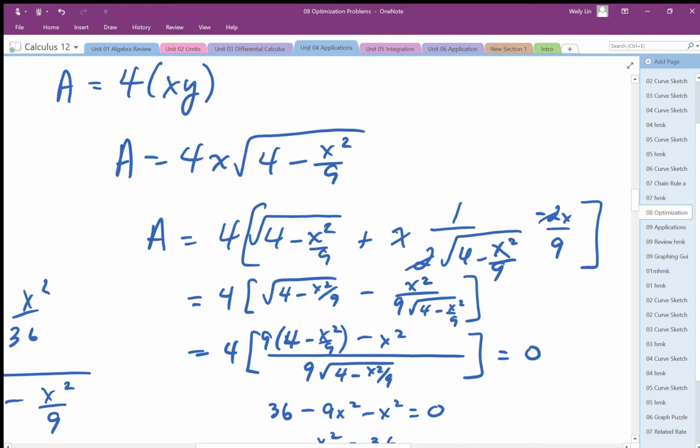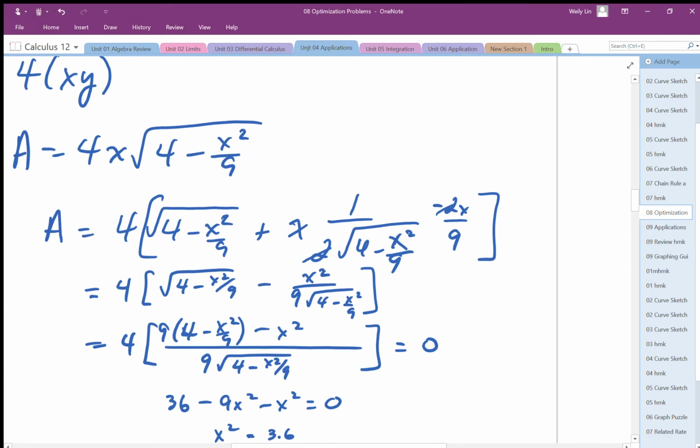So find the max area. Okay, so I'm going to find the area when x is the square root of 3.6. So I end up with 4 times root 3.6 times 3.6 divided by 9.